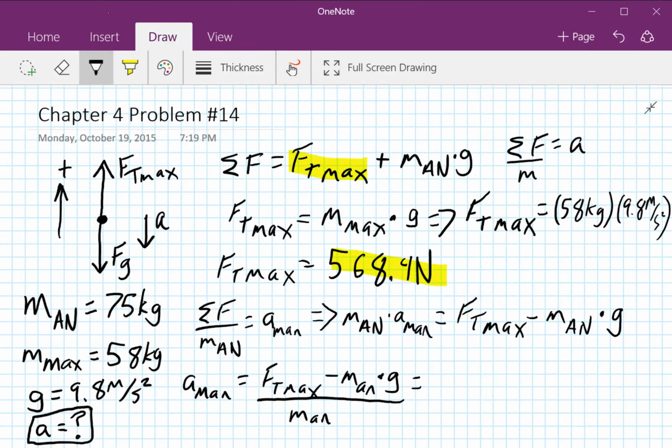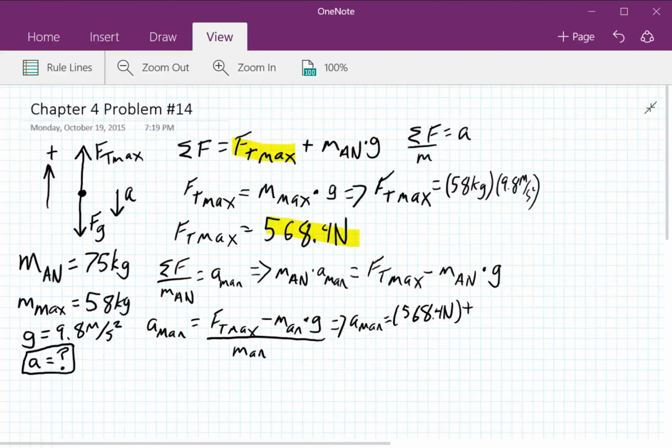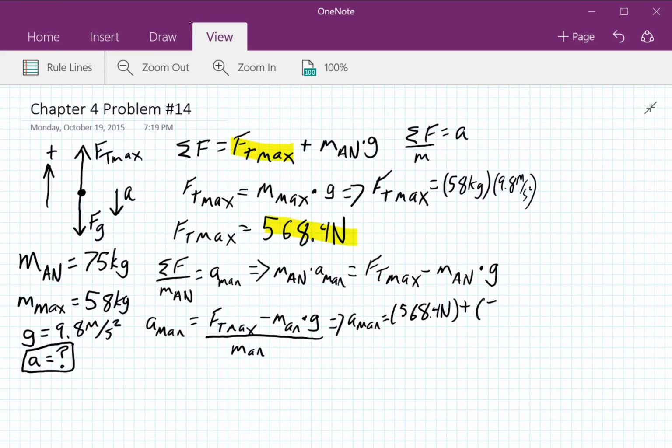You would have Ft max is 568.4 newtons. You would add that to 75 kilograms, because that's the mass of the man. And wait, it shouldn't be added. Sorry, I added on accident.